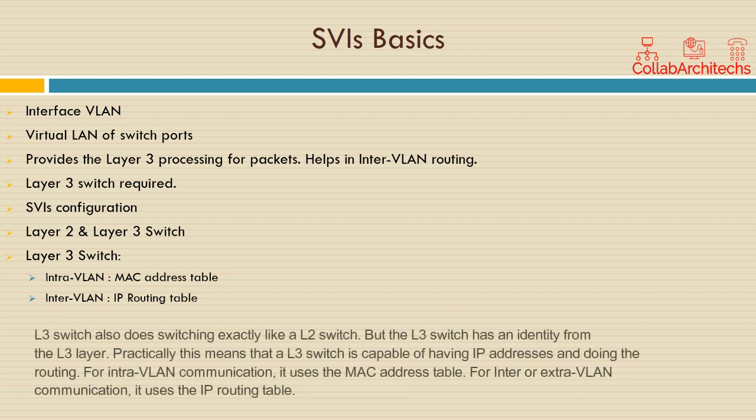A layer 3 switch also does switching exactly like a layer 2 switch, but the layer 3 switch has an identity different from the layer 2 switch. Practically, this means that a layer 3 switch is capable of having an IP address and doing the routing.